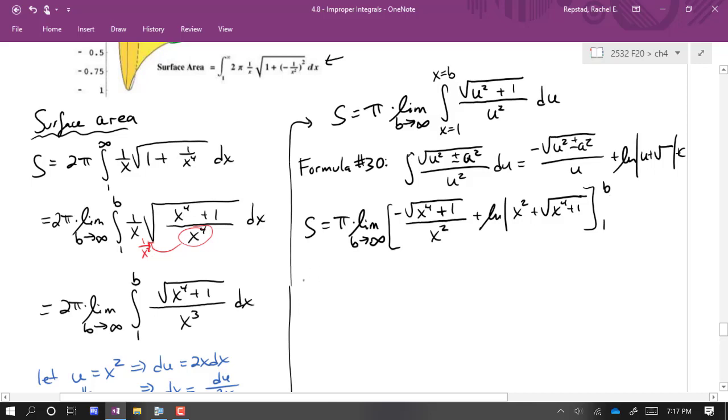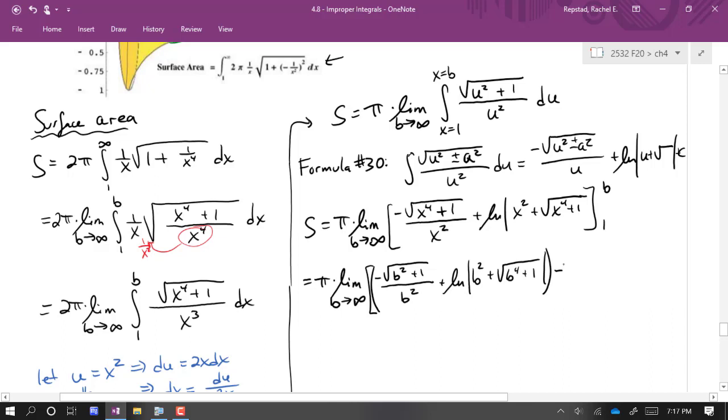A little bit more writing to do. And if I plug in 1, we have negative radical 2 over 1 plus ln absolute 1 plus root 2.